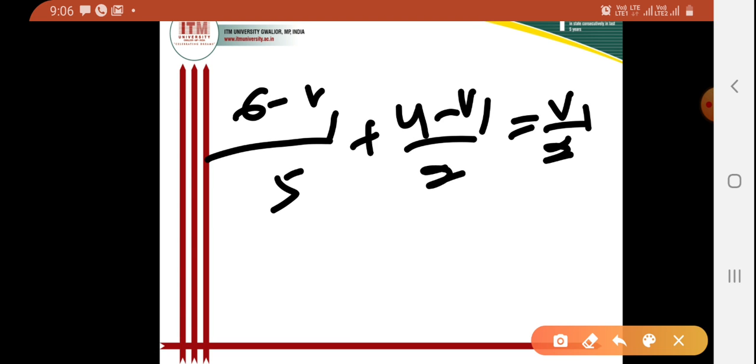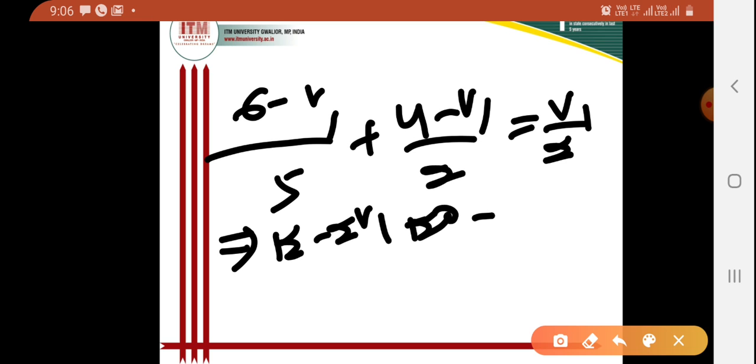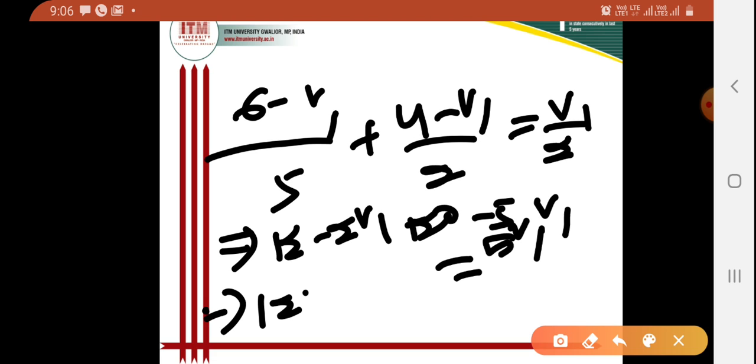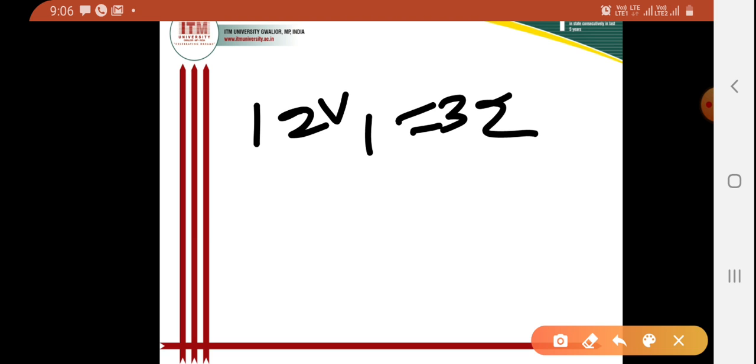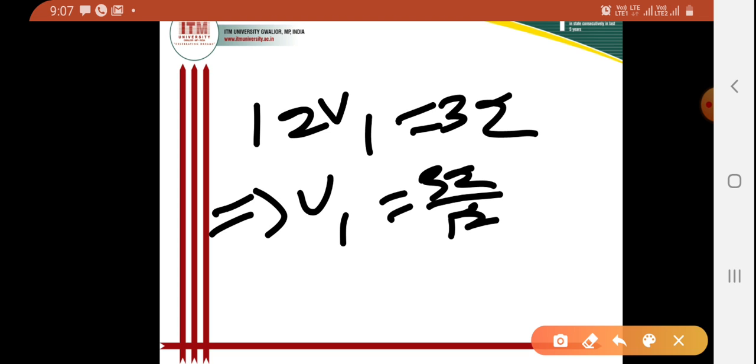So implies 12 minus 2 V1 plus 20 minus 5 V1 will be 5 V1. So we can write 12 V1 will be 32. When I am simplifying it, 12 V1 will be 32. So what is V1? V1 will be 32 by 12, which can be written as 8 by 3.